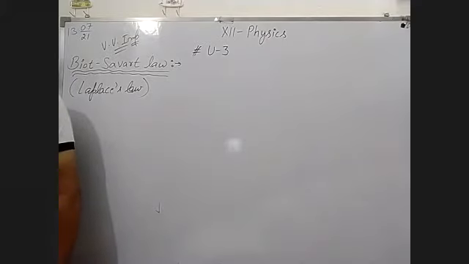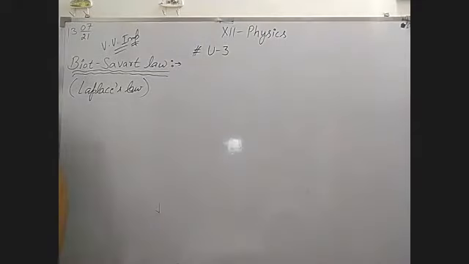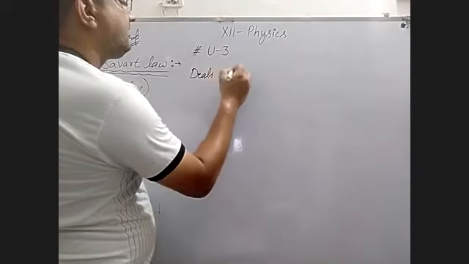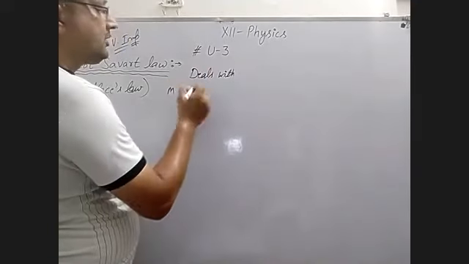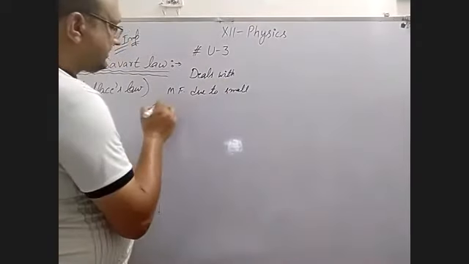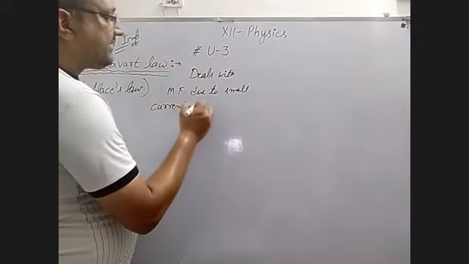Biot-Savart law is an experiment done by Biot and Savart. In this, the magnetic field at a point due to a small current element can be determined. This law deals with the magnetic field due to a small current element.